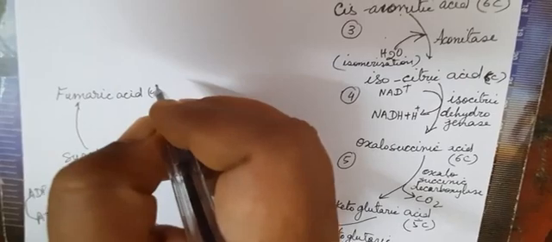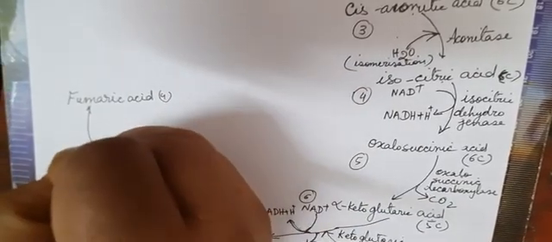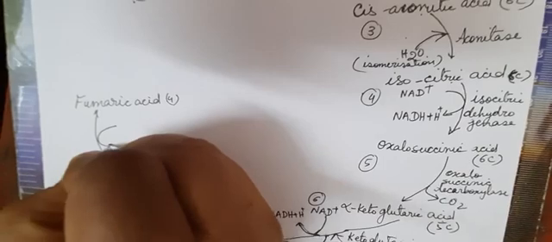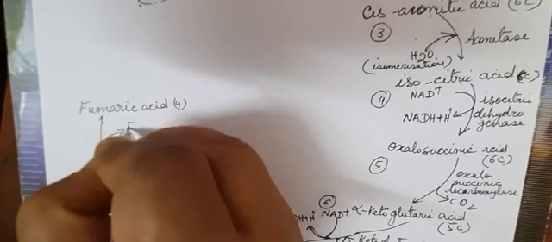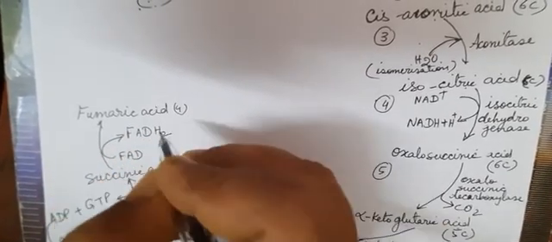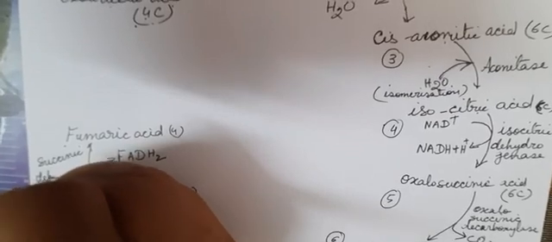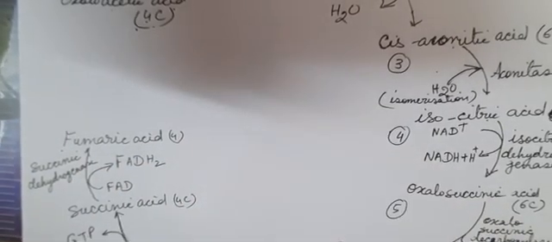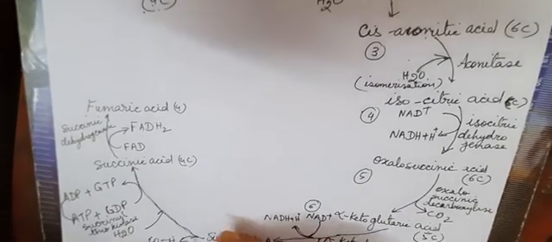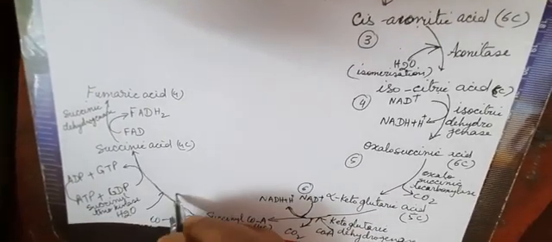Again it is a 4-carbon compound, and in this reaction FAD will get reduced to FADH2 in the presence of enzyme succinic dehydrogenase. So this was the 6th reaction. This is the 7th reaction. This is the 8th reaction.